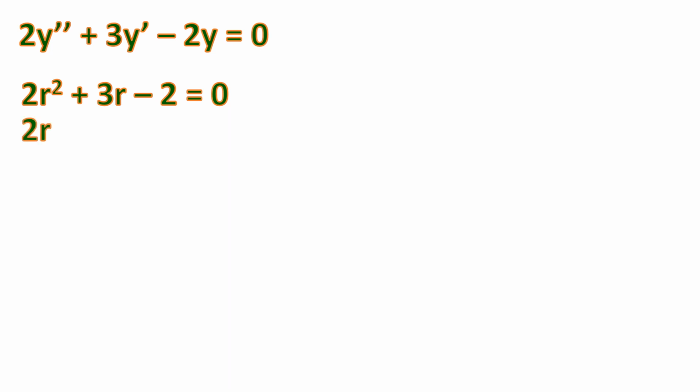So let us factor this. We can find some factors of 2r squared, so 2r and r. For -2, we're going to use -1 and +2. Of course, when you're factoring a quadratic trinomial, you have to do trial and error. You have to keep on trying to find the perfect pair, so that when you cross multiply, you will get the middle term.